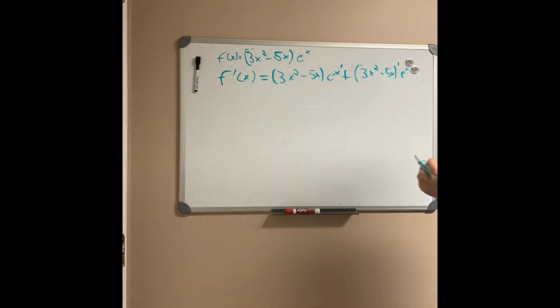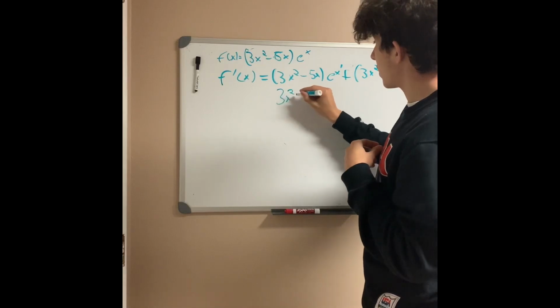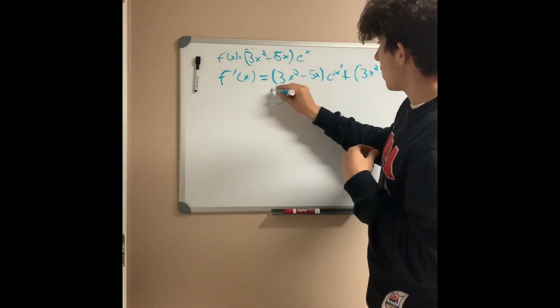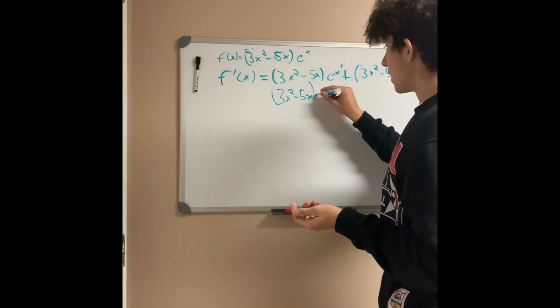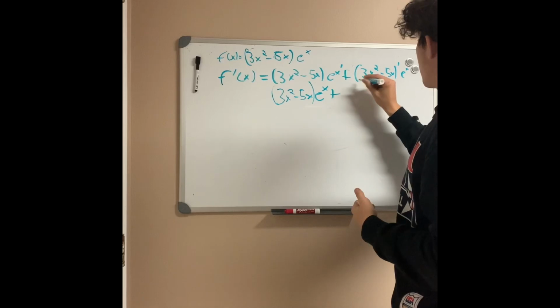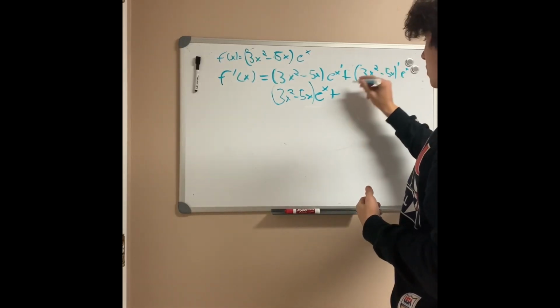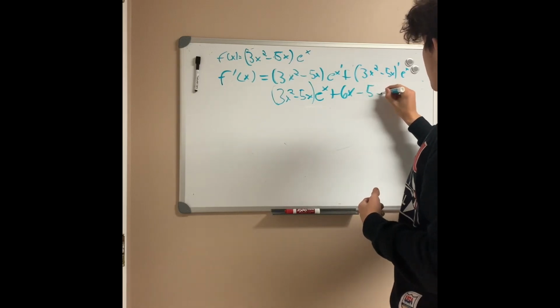So now let's keep going with it, and that should just stay the same, 3x squared minus 5x. And this is why it gets confusing, because the derivative of e to the x is just e to the x still. So it's going to stay the same, plus the derivative of this, which would be 6x minus 5, times e to the x.